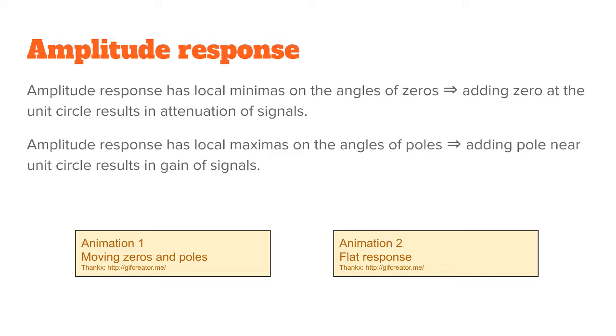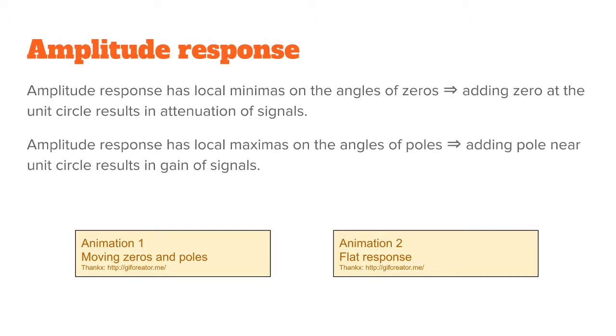If that is the sampling rate over 2, then somewhere in here we have the corresponding omega 0. We know from this plot that the amplitude response goes to 0. So adding a zero to the unit circle gives us zero response on that frequency.